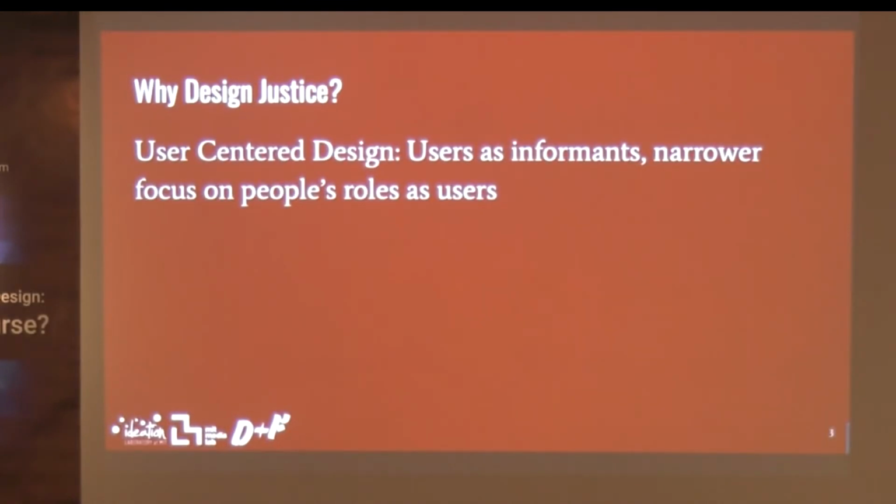I mentioned the term design justice in the title, and so in order to explain why that's the framework we're using, I'll talk through a couple of the other ones that we've heard mentioned earlier today. So user-centered design is really about treating users as informants, and it's a narrow focus on people's role as users, a particular type of engagement with the community.